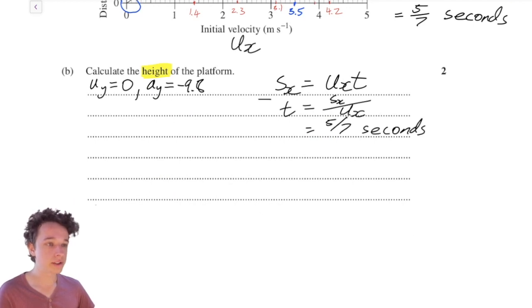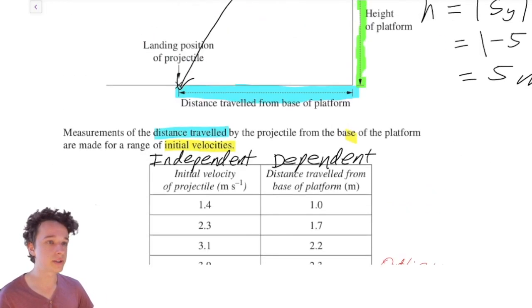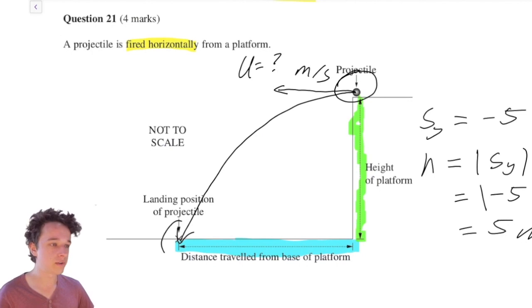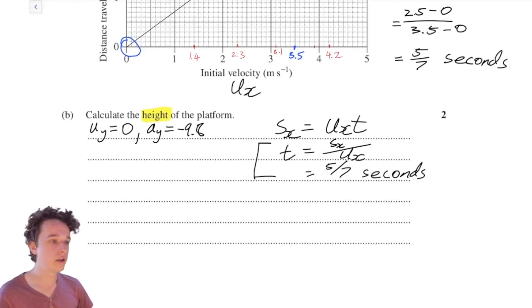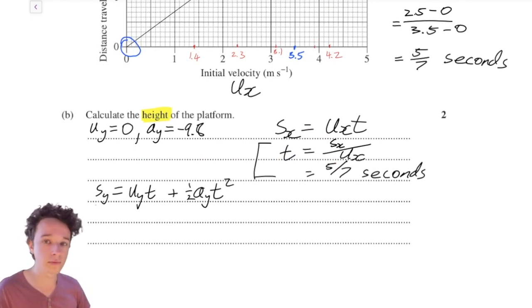Now we can use this information about the time that it took for the projectile to move from its initial position to its final position. We can use that information about time and plug it in to the Sy equals uyt plus half ayt squared equation in order to find what we're actually looking for, the displacement in the y component, so that we can find the height of the platform.